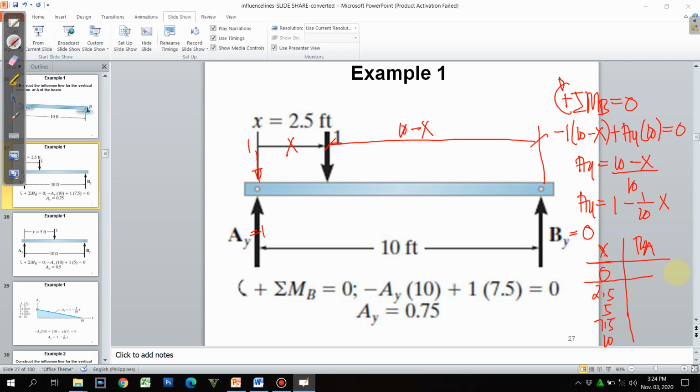Okay? So this is the time you take advantage of the calc function of your calculator. We're going to use the calc function for faster results.